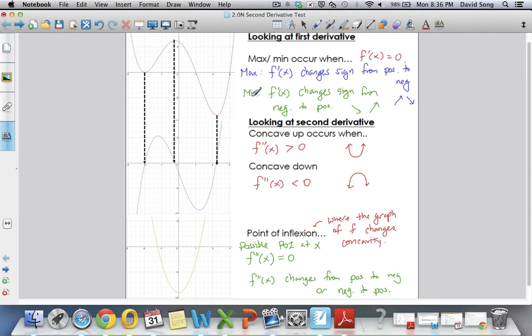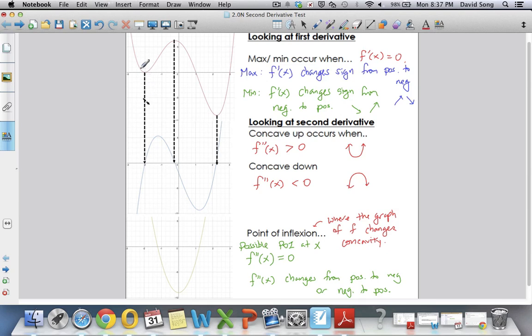And a minimum happens when f prime changes sign from negative to positive. The graph goes down and then up. So f prime is negative, goes through 0, and is positive to the right side. That is the relationship between f prime, the first derivative, and the local max and min.